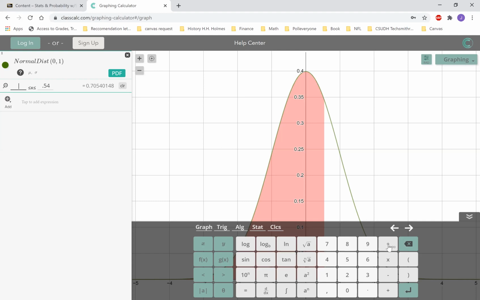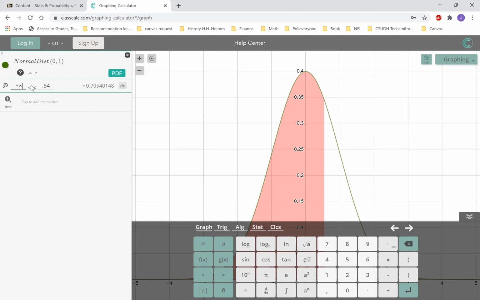If you look right here, you see there's a division sign. You press negative, and then hold the division sign, and it will pop up the infinity. That's how you get the negative infinity. Thank you.